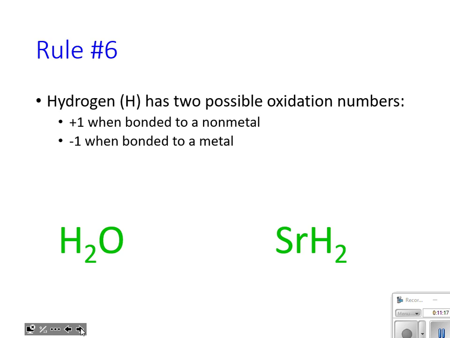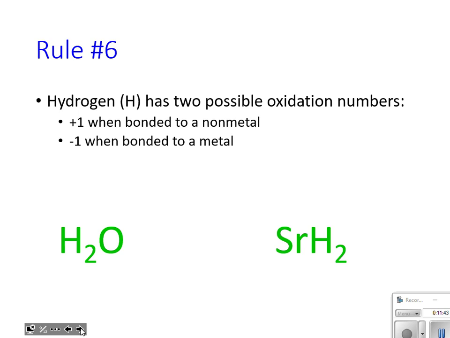Rule number 6 is dealing with hydrogen. Hydrogen has 2 possible oxidation numbers. And those 2 numbers depend on what it is bonded with. When bonded to a non-metal, hydrogen is going to take a +1.